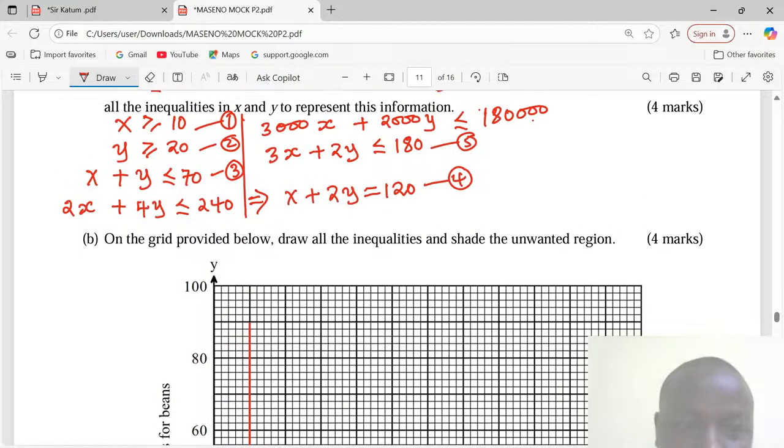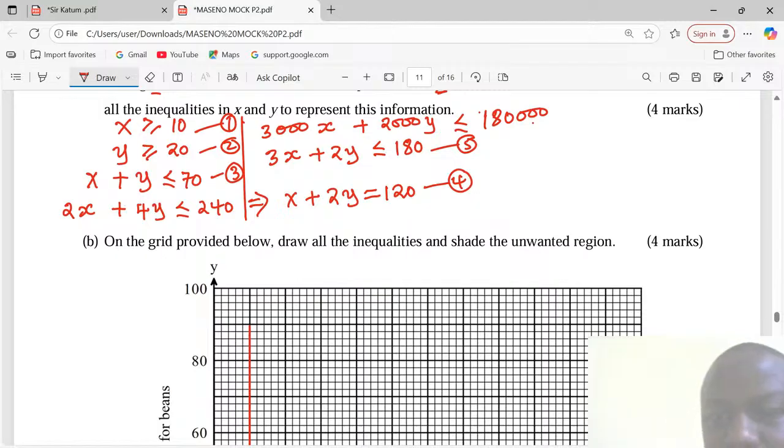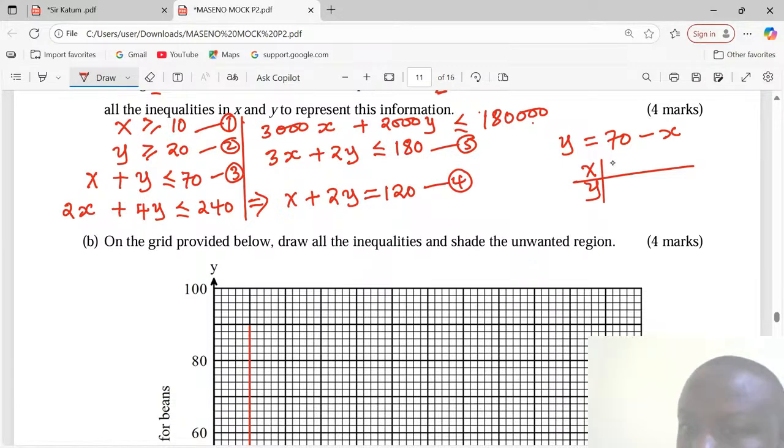Then the third one, x plus y equals 70. So y equals 70 minus x, meaning that we can come up with a small table. When x equals 20, y shall be 50. When x is 30, y will be 40. When x is 40, y is going to be 30.